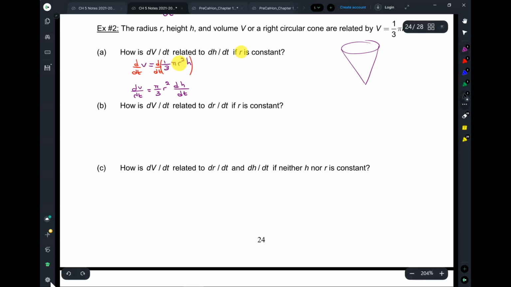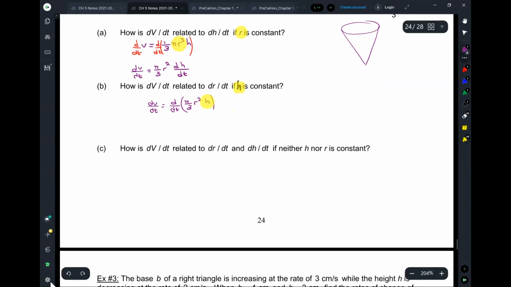There is a typo here that should say if h is a constant. Okay? So dv dt is d dt of pi/3 r squared times h. Now h is the constant.